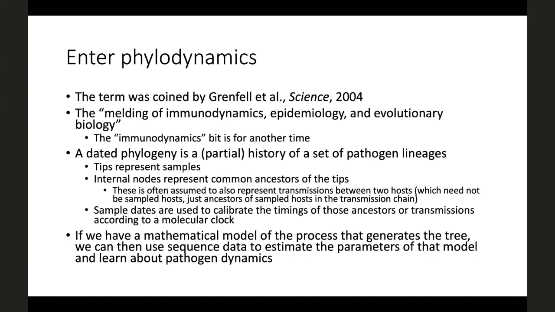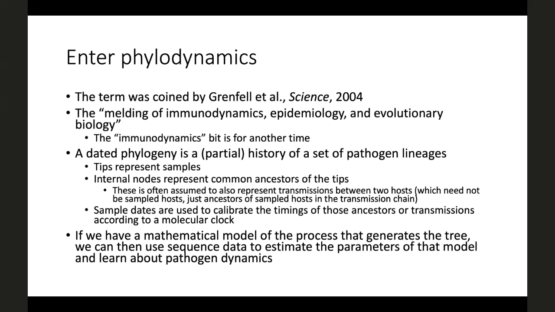But the principle behind the epidemiological version is that a data phylogeny can be seen as a partial history of the set of pathogen lineages you've got in your sample. So the tips represent samples, and the internal nodes represent the common ancestors of the tips, which are the common ancestors of pathogens infecting the hosts that you've sampled. And they're often assumed to also roughly represent transmission between two hosts.